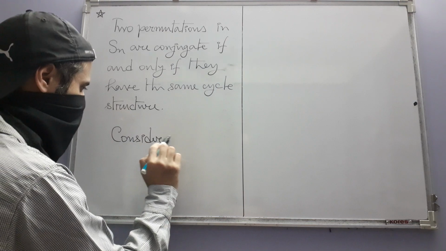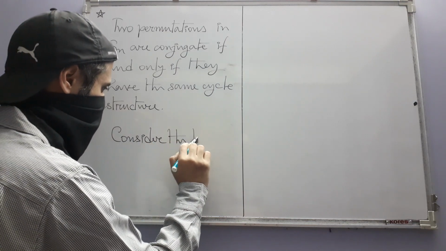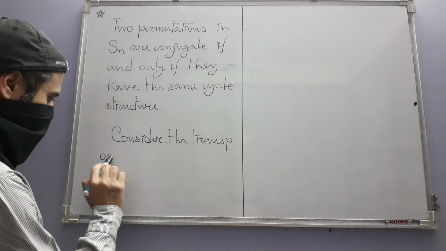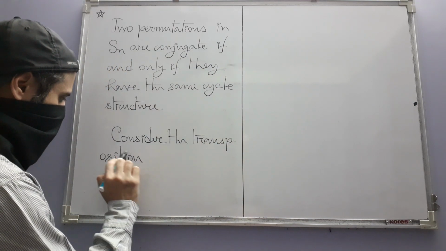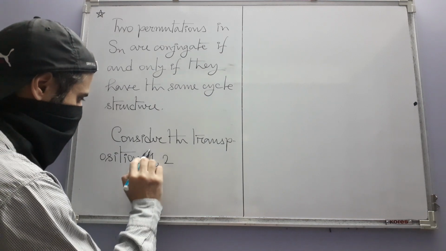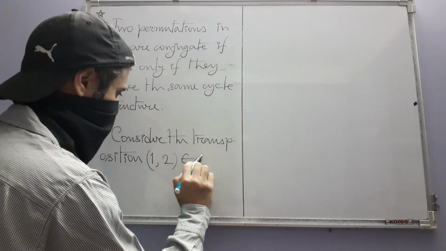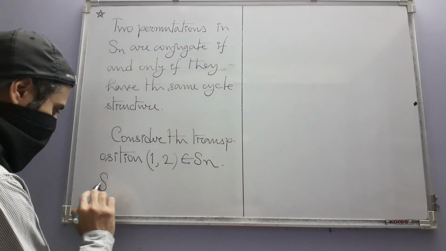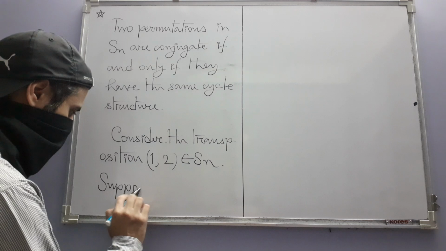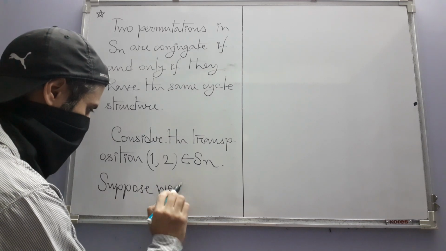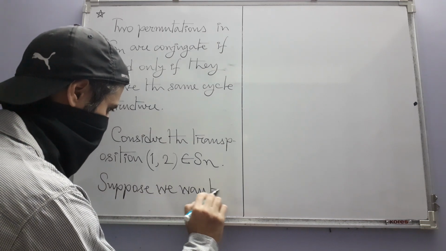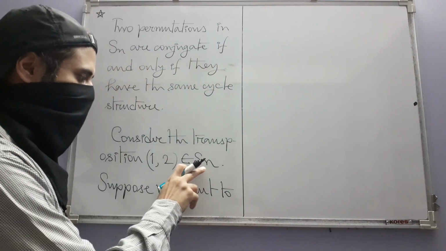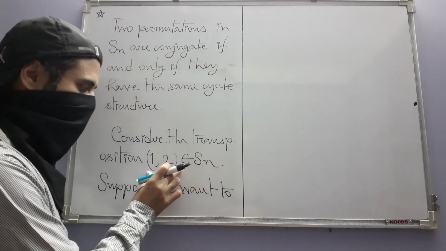Consider the transposition 1, 2. That means this 2 cycle in Sn. Suppose we want to know precisely what elements in Sn commute with this.